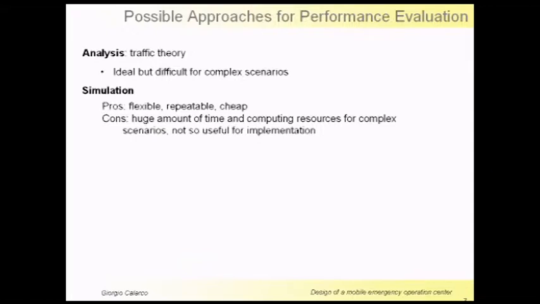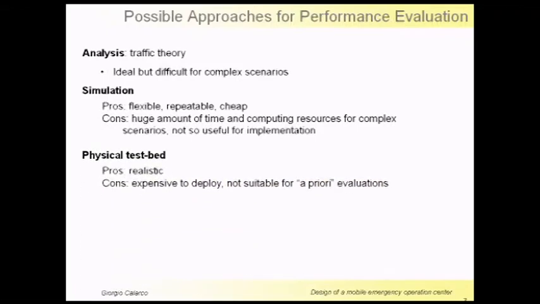Then we could use simulation, which is flexible and cheap, but not so useful for the implementation stage, and usually requires a huge amount of computing resources for complex scenarios. Another approach is based on physical testbeds, which are very realistic, but also expensive to deploy, and certainly not suitable for a priori evaluation.